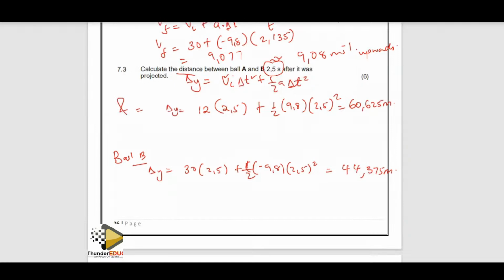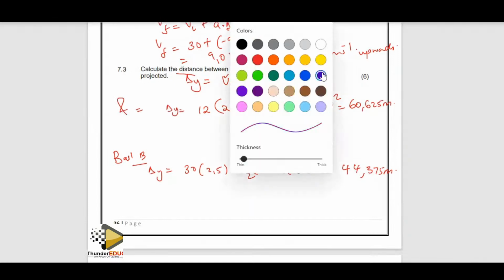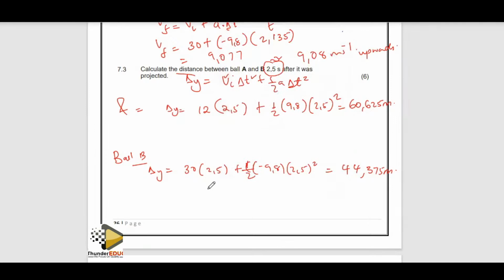Okay. Let me just do this. Okay, so I'm gonna look at B. So if B has traveled 44.375 from the ground, and we are saying A traveled as far as the 60, something and reached here, and what is left below the ground, we said it's 19.375.